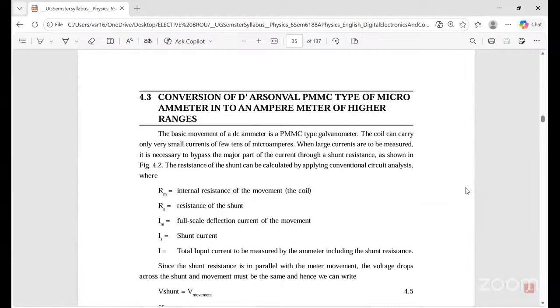Next, D'Arsonval PMMC type microammeter into ammeter at high ranges.